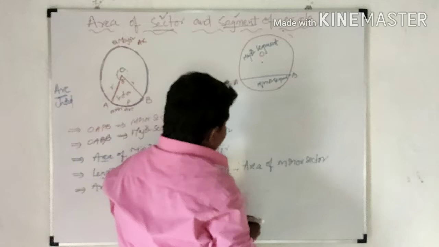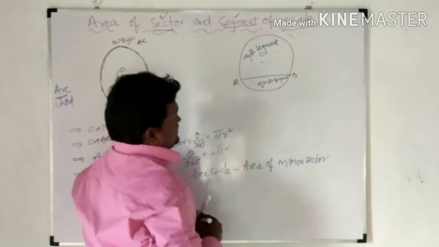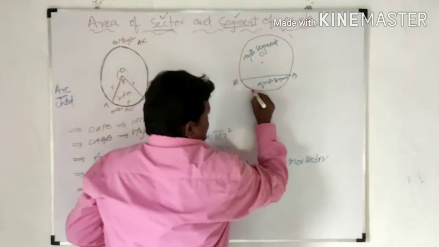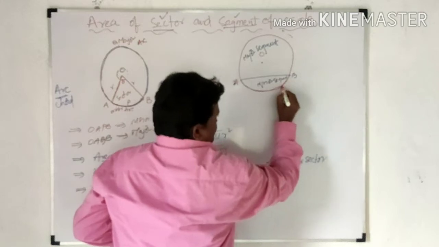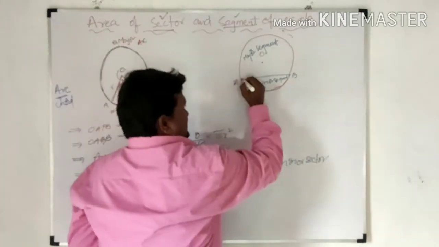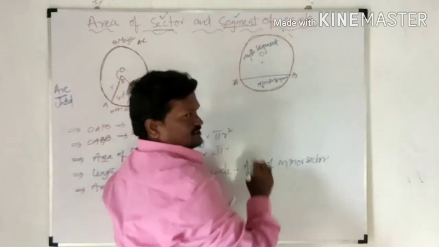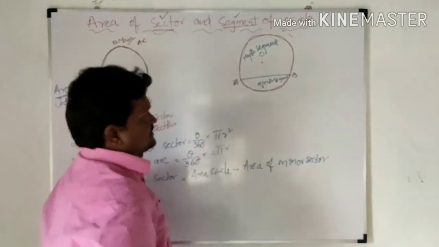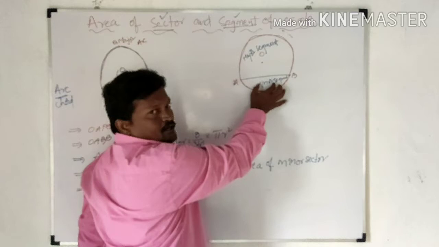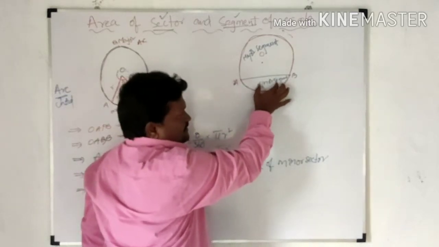Here, this is also nothing but an arc. This is the minor arc, and this is the major arc.